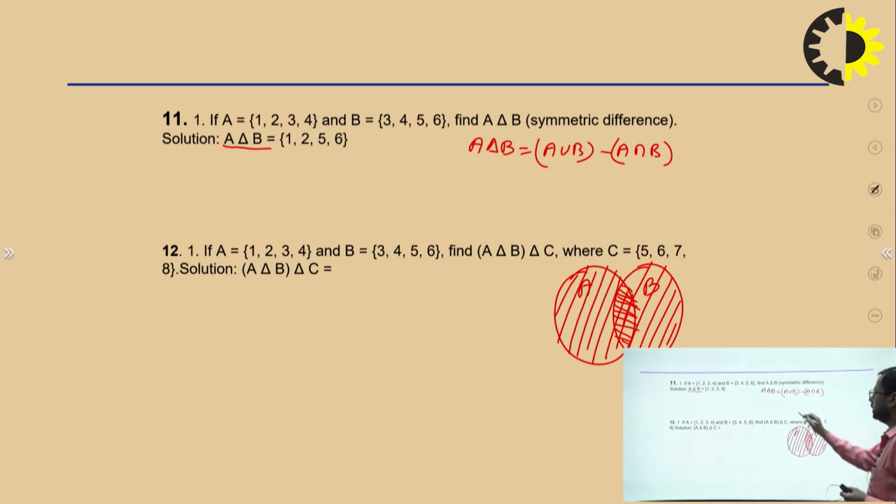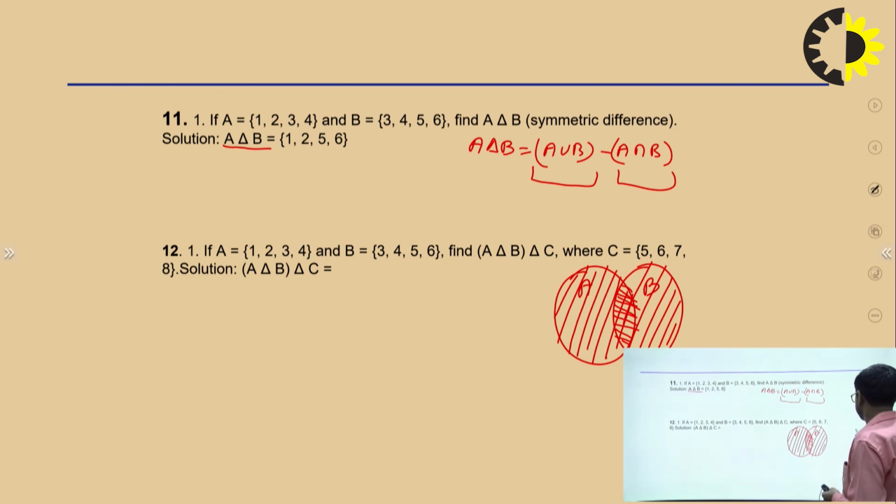So basically when we count A union B, that means the whole occupied figure has the shaded portions, and the intersection portion is double shaded. So when we count A union B minus A intersection B, we have the portions that are less shaded.